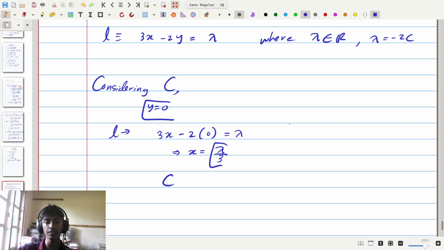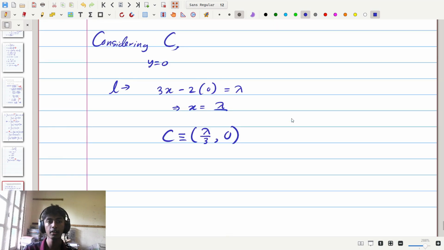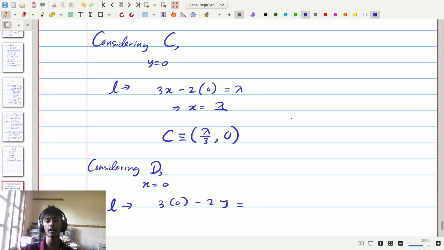Now substituting, we can see we get C being the point x equals lambda divided by 3, y equals 0. Now similarly, since D is on the y-axis, meaning x is equal to 0, considering D, x will be equal to 0, and therefore from the line L we'll get the equation 3 times 0 minus 2y equals lambda, and therefore y equals lambda divided by minus 2, or minus lambda over 2.